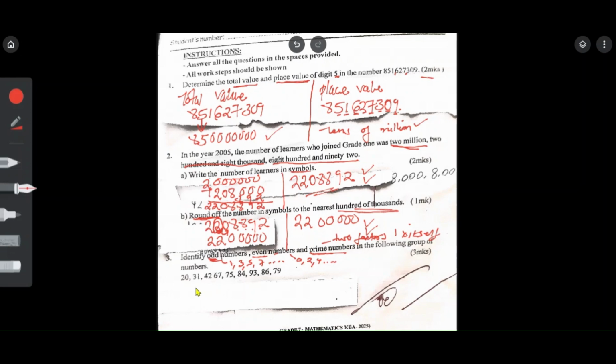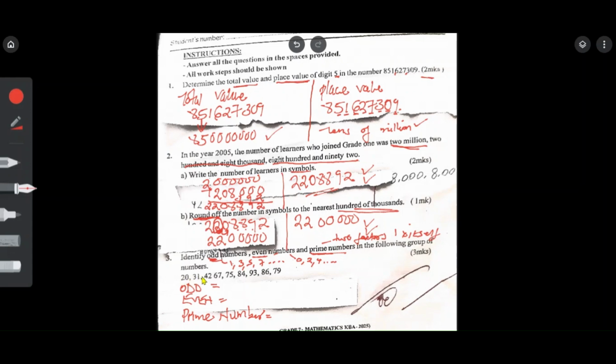So I begin here with odd numbers, then here you have even, and then here you have the prime numbers. Let me begin with the odd numbers. We go one number at a time. This one is an odd number? No, it's not.